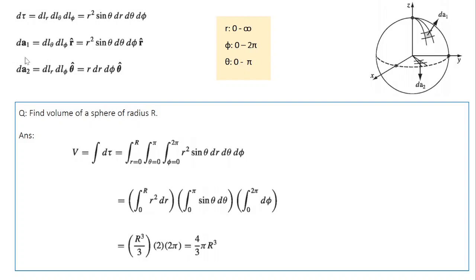Consequently, the area element is dl theta into dl phi. And what's the direction? The area vector is always perpendicular to the surface, so it is along the r vector, given by r cap. Substituting for dl theta dl phi, the area element is r square sine theta d theta d phi r cap.